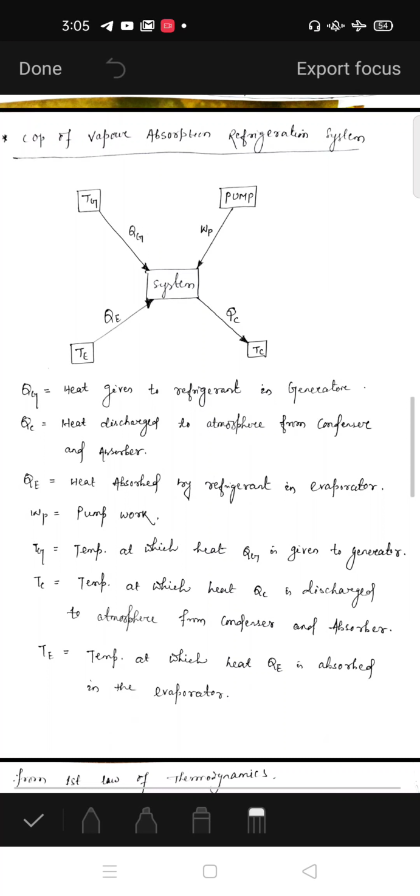Tc is the temperature at which heat is discharged to the atmosphere from the condenser and absorber. Te is the temperature at which heat QE is absorbed in the evaporator. Clear?